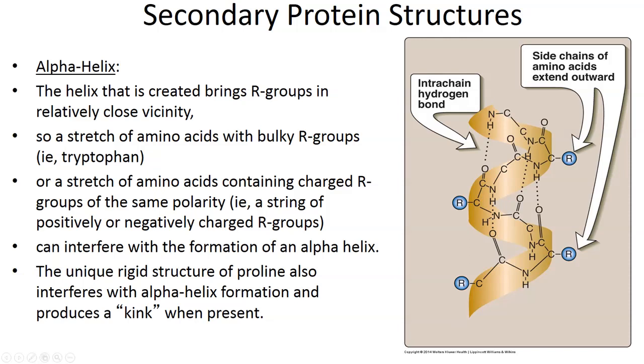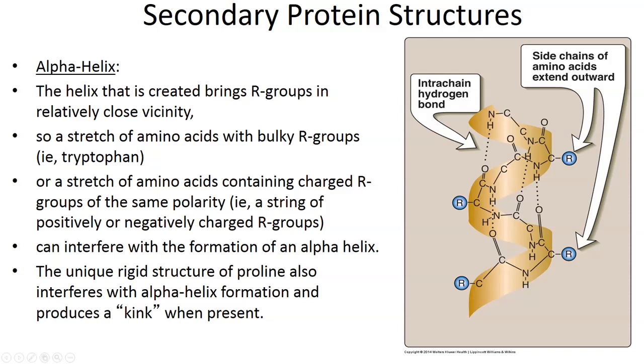Or if you have amino acids that are charged and have the same polarity, like multiple negative charges or multiple positive charges, and the formation of an alpha helix would try to bring those in close proximity, those amino acids are actually going to interfere with the formation of an alpha helix. It's either a steric hindrance because it's so bulky you can't make that alpha helix, or you're bringing two like charges together and they're trying to repel each other, so it interferes with the formation. Make sense?